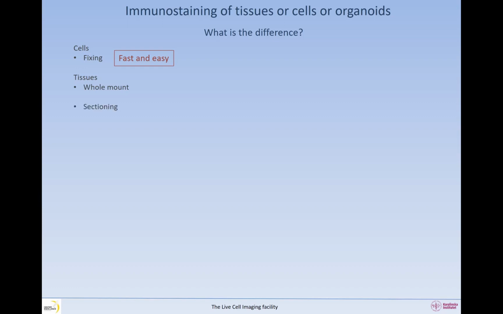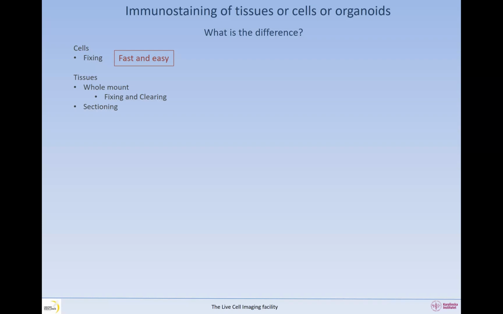Now, the whole mount processing always includes a fixation step, and usually this is done by perfusing the animal with a fixative. It also requires that the tissue is made transparent using different chemicals, with the exception, of course, of the zebrafish, which is naturally transparent.